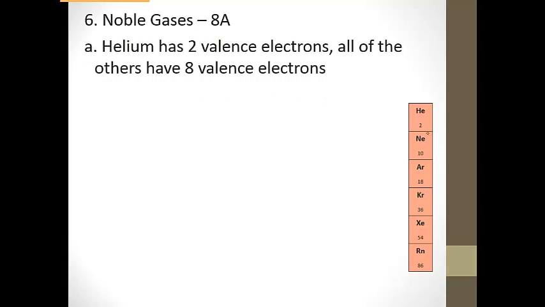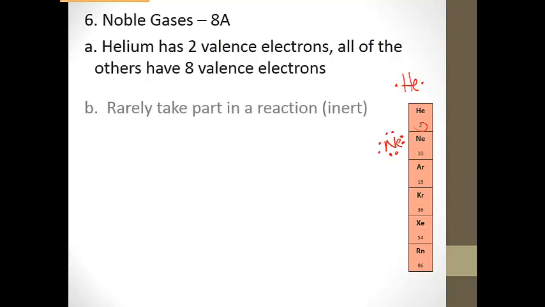Remember, helium only has 2 protons, and it is a full element because the first energy level can only hold a maximum of 2 electrons, and so it's happy and full with those 2. But starting with neon on down, they all have 8 electrons around them because it takes 8 to fill up those energy levels.